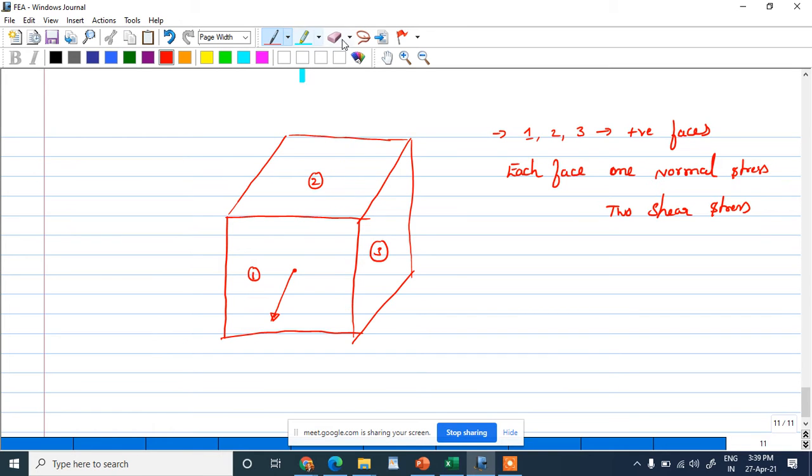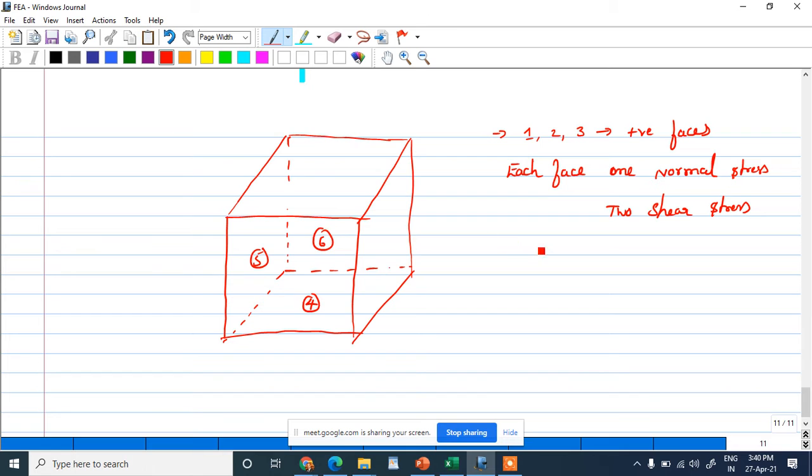Now I will just erase this, and I will write, for this cube there are a few more faces. I have represented 1, 2, 3; now 4, 5, 6.